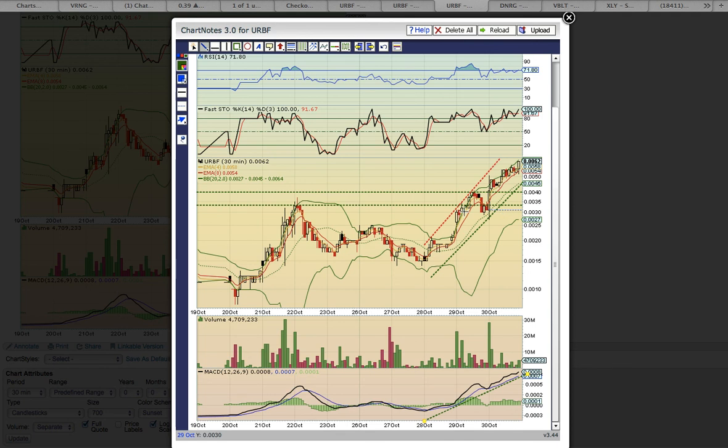And then if that level breaks, the next key support level is this high over here, the high closing candles on the 22nd. That creates support on a pullback. As you can see, it was resistance here, and then it broke, held, and that's when it took off. So I would look for support down here, I think it's like the 33 range.